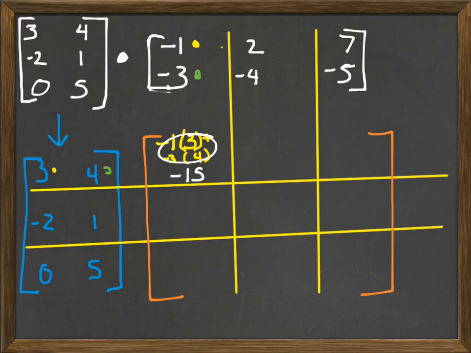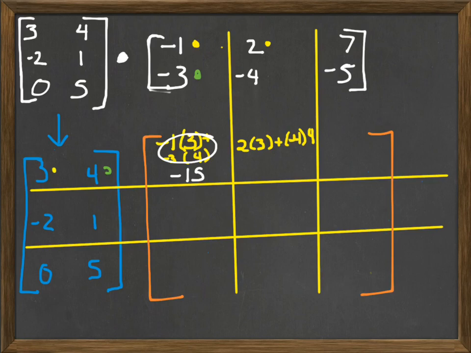Let's go to the next one going across the row. My column says 2, so I'm going to do 2 times 3 plus -4 times 4.